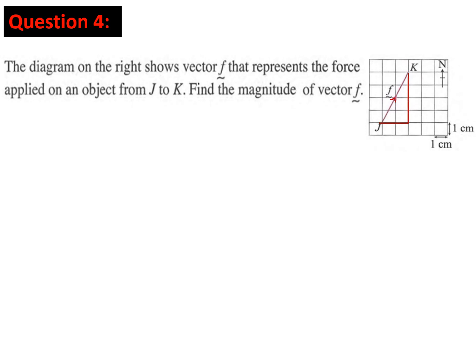This right angle triangle will have vertical distance 4 cm and horizontal distance 2 cm. Thus, the magnitude of vector F equals square root of 2 squared plus 4 squared, which is equal to square root of 20.